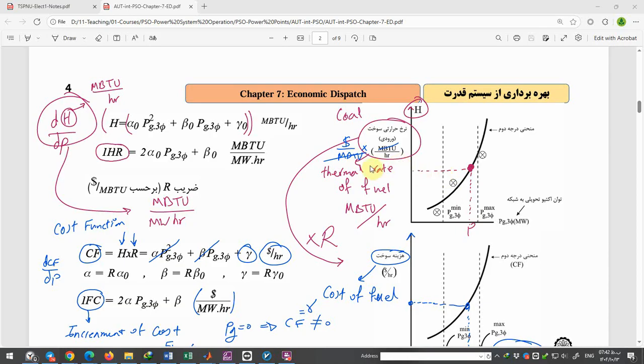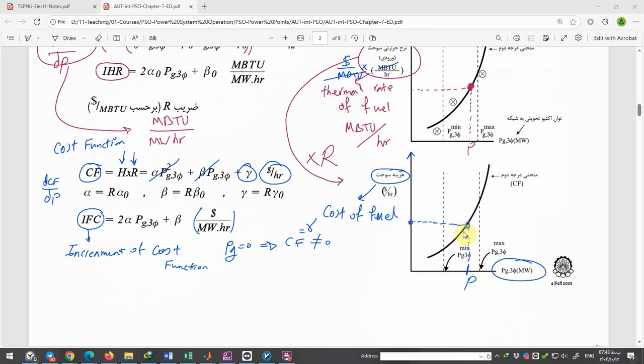But if we add to the vertical axis a multiplier, dollar per megaBTU, that is the cost of the special fuel that you need for producing the active power, you get a new curve as dollar per hour.